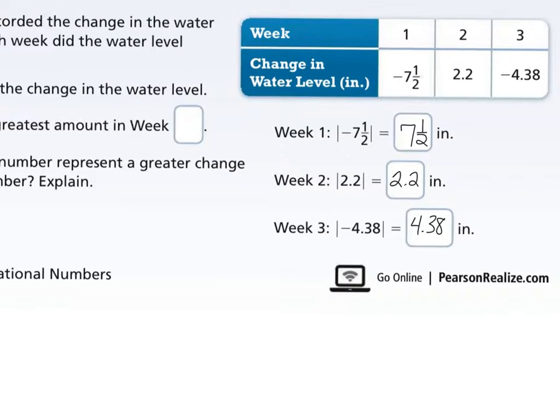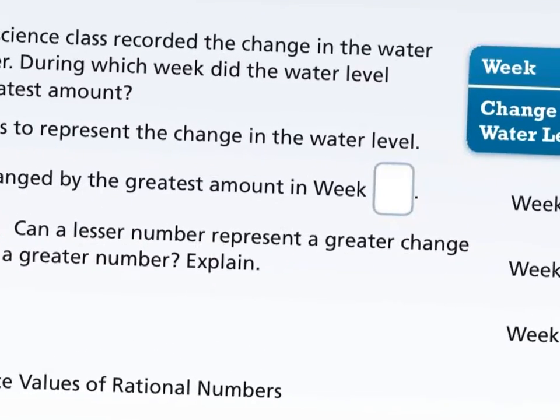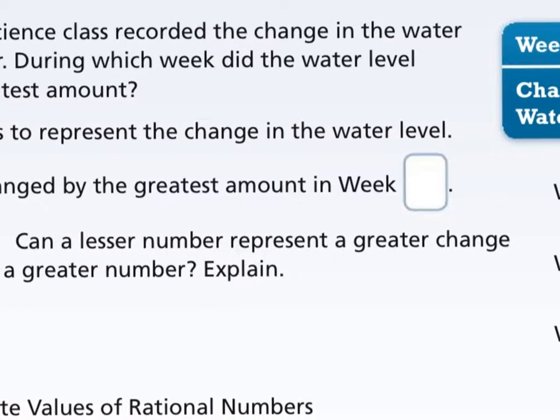So looking at these, which one was the greatest amount of change then? That would be week 1. If you just look at your whole number parts, we had a 7 and something, a 2 and something, and a 4 and something. The 7 and something is bigger than the 2 and 4. So we know that's the greatest change.